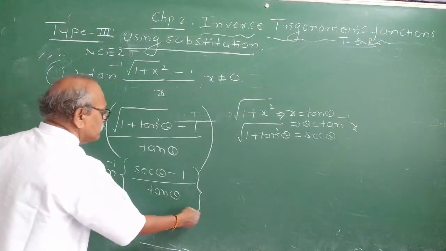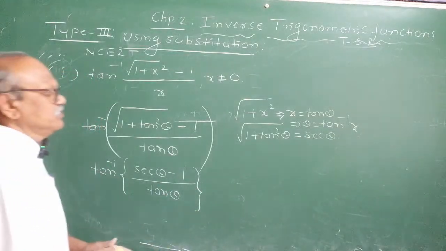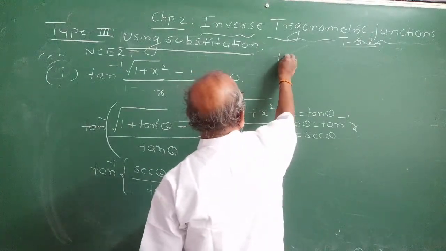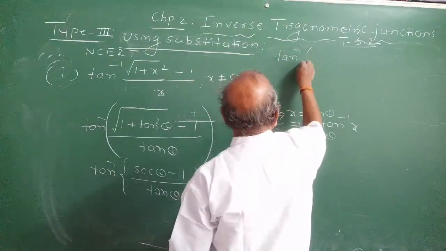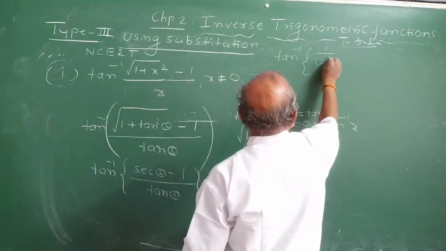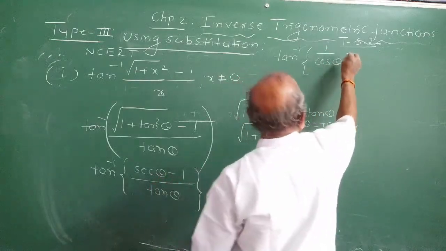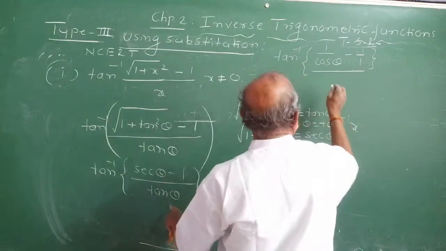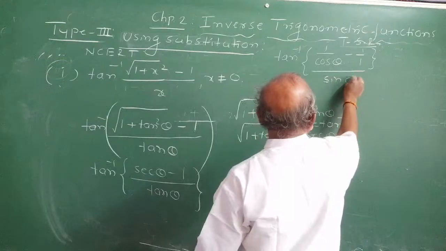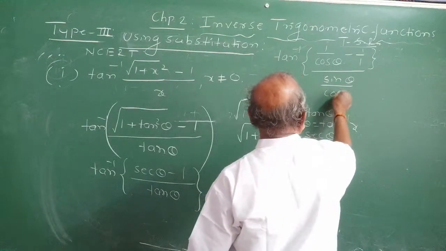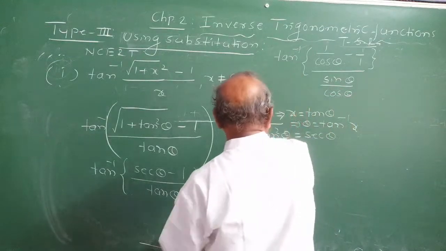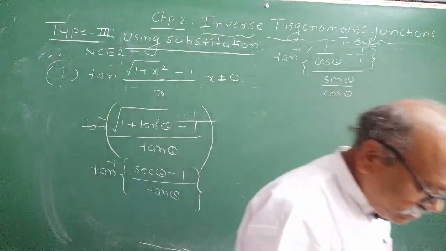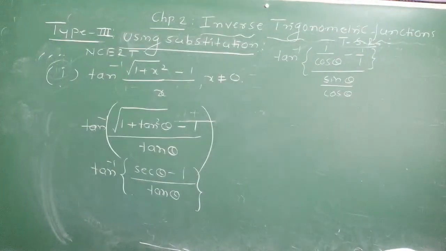Now you have to simplify this using trigonometric identities. Sec theta can be written as 1 upon cos theta, minus 1 upon 1. Tan theta can be written as sin theta upon cos theta. Now continue and try to simplify this; take 30 seconds to a minute.